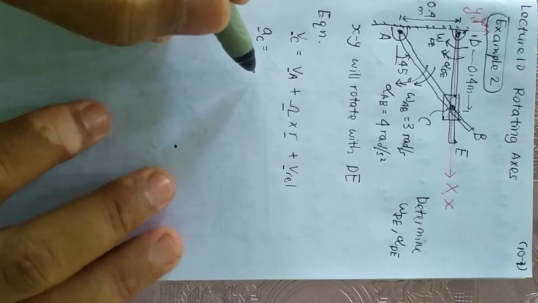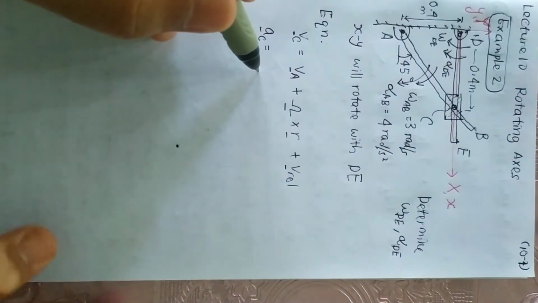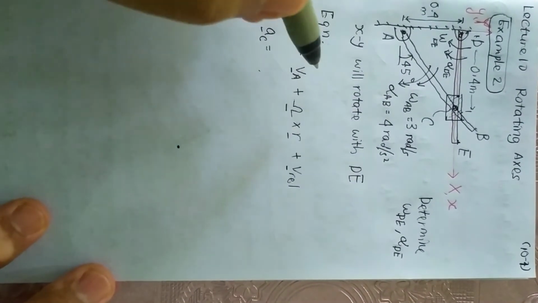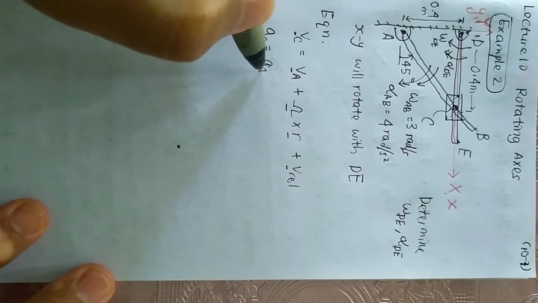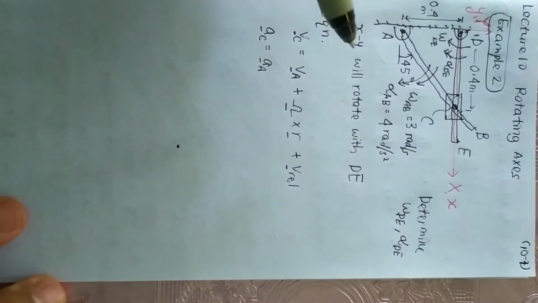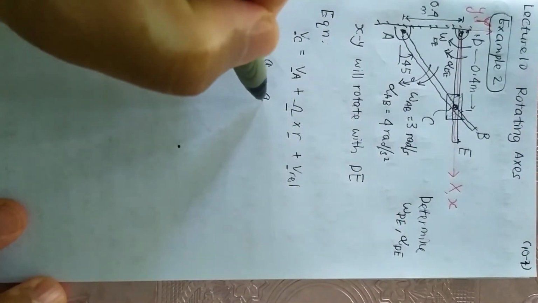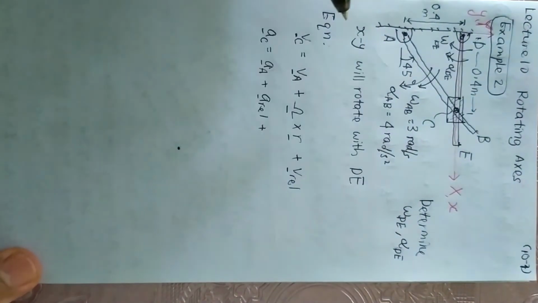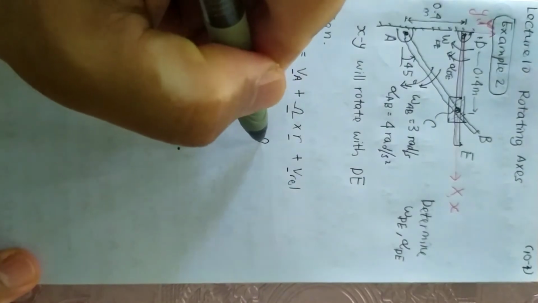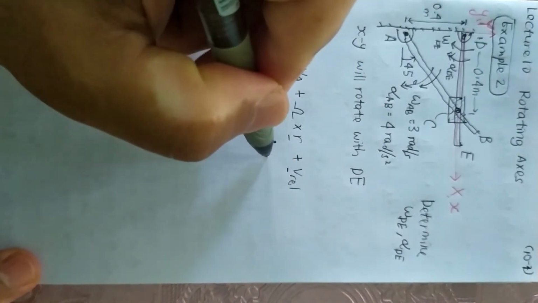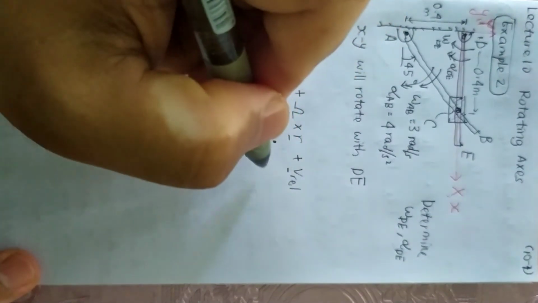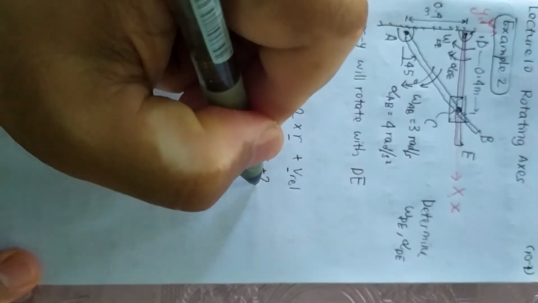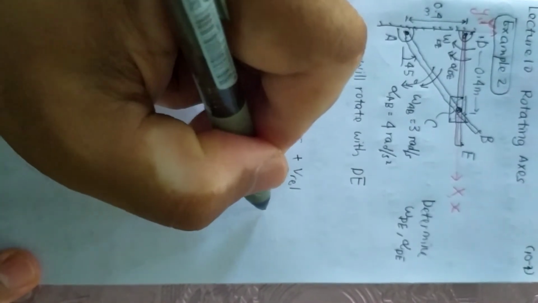A of C equals the acceleration of the origin, A A, plus A relative, plus omega dot cross R plus 2 omega cross V relative, all vectors.